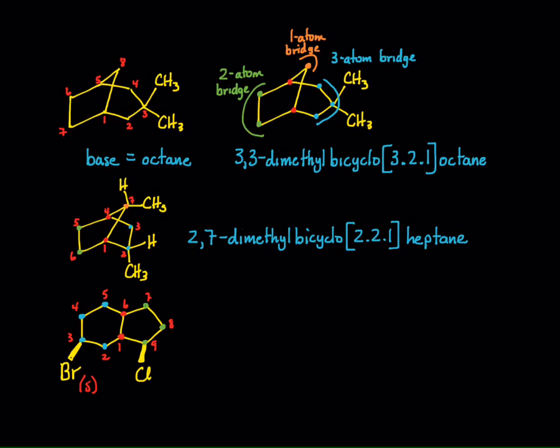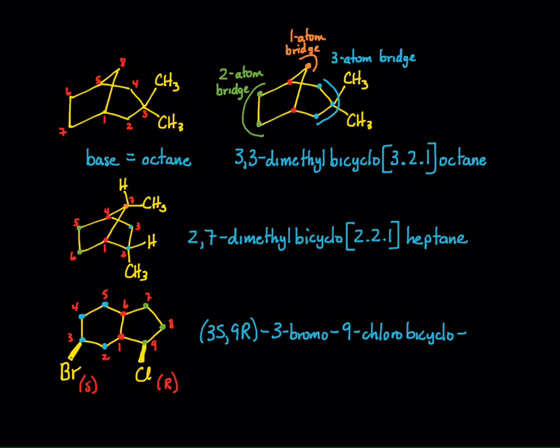I'm rotating in a counterclockwise fashion, so that's S. And then, of course, C9 is going to be R. So I have C3 having an S absolute configuration and C9 having an R absolute configuration. And so I say 3S, 9R, 3-bromo, 9-chloro, bicyclo.